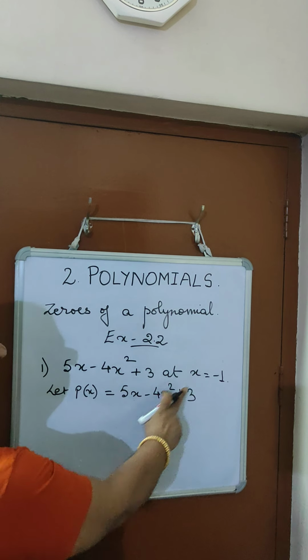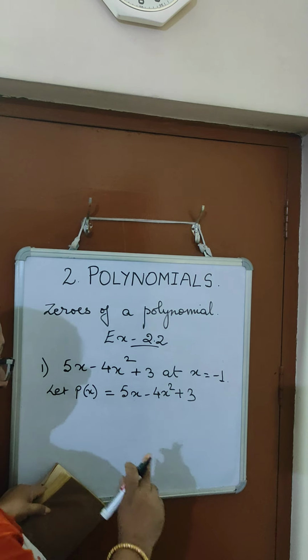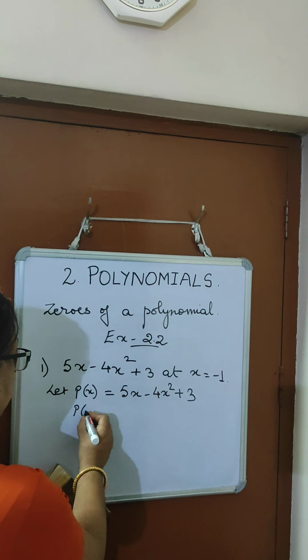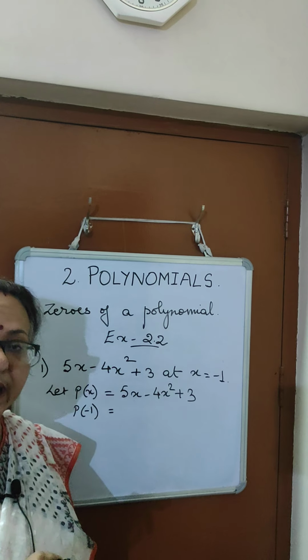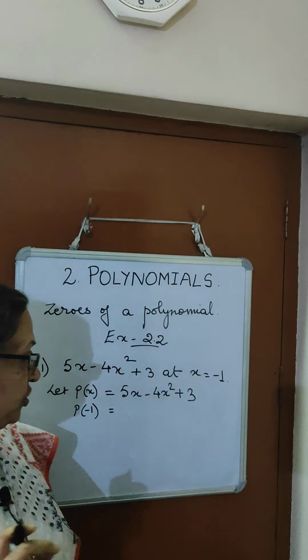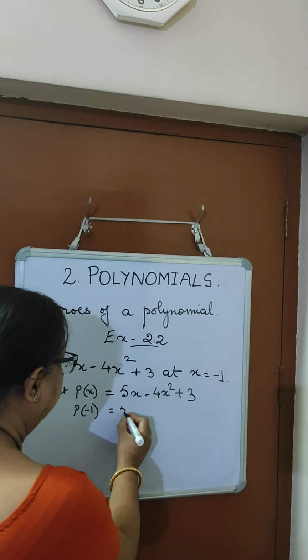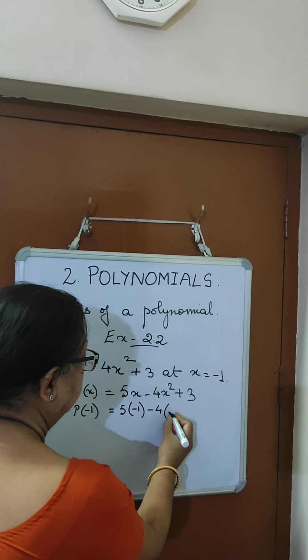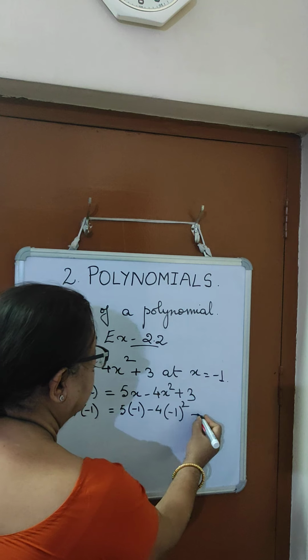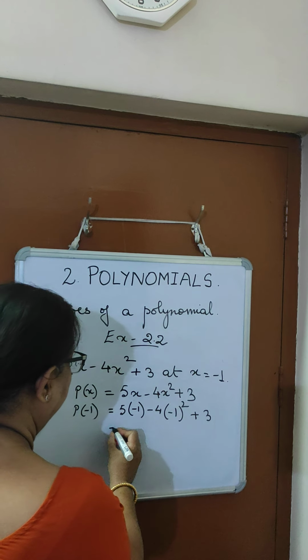In place of x, we substitute minus 1. So, 5 into minus 1, minus 4 into minus 1 square, plus 3.